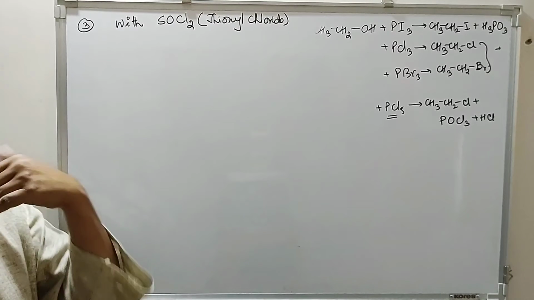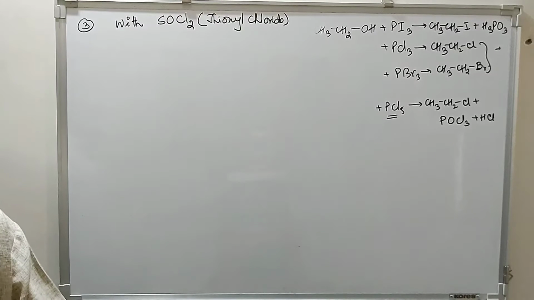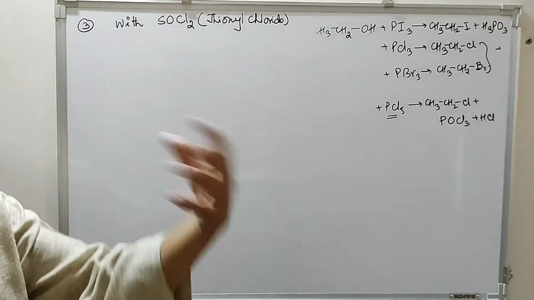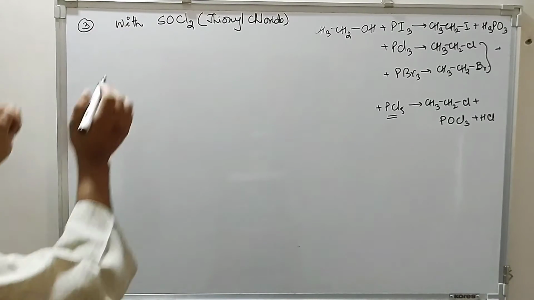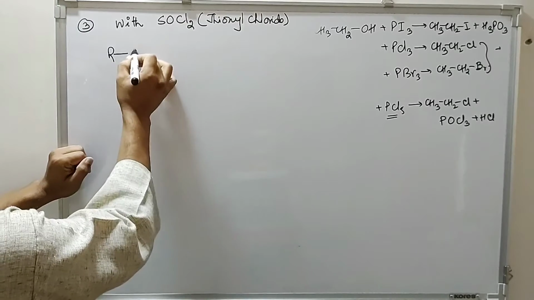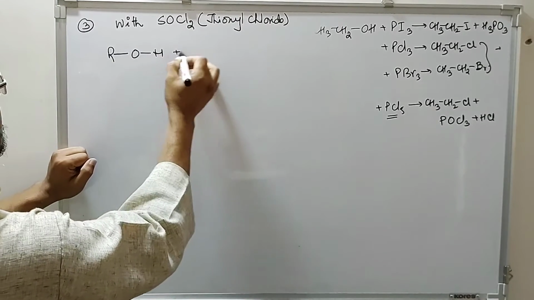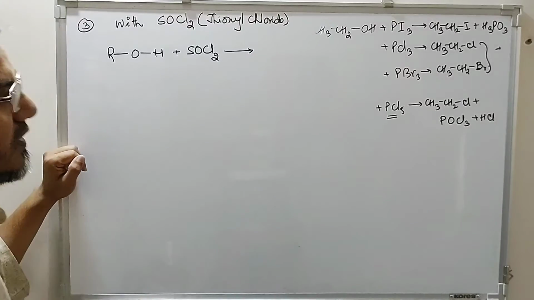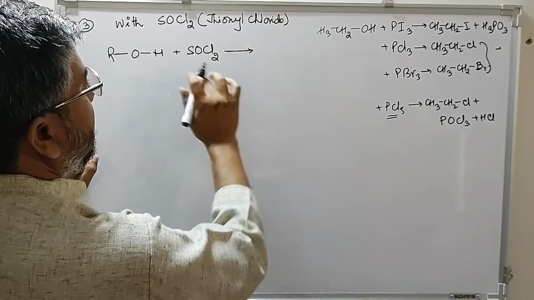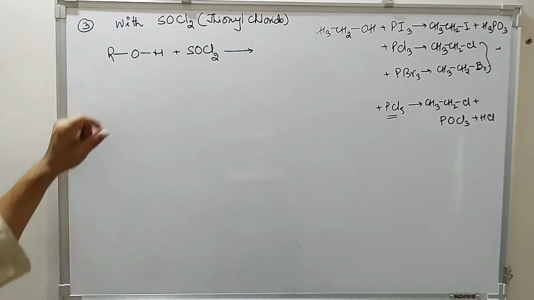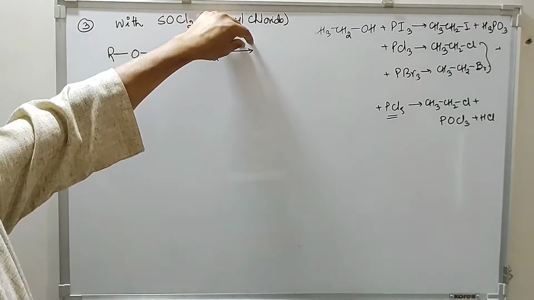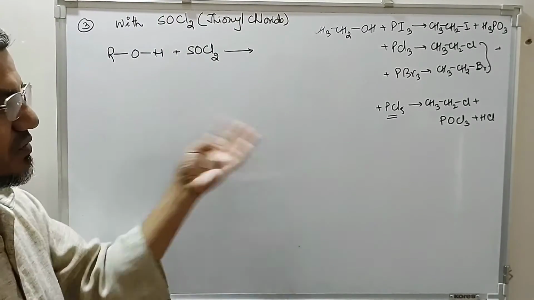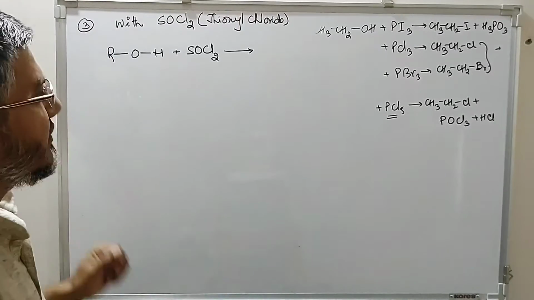Now this method is specific for preparation of chloroalkanes because bromide and iodide compounds are unstable here. So look at this, ROH reacts with SOCl2. This may have presence of pyridine as a solvent or may not have pyridine. I'll give you different reactions based on this presence or absence of solvent.